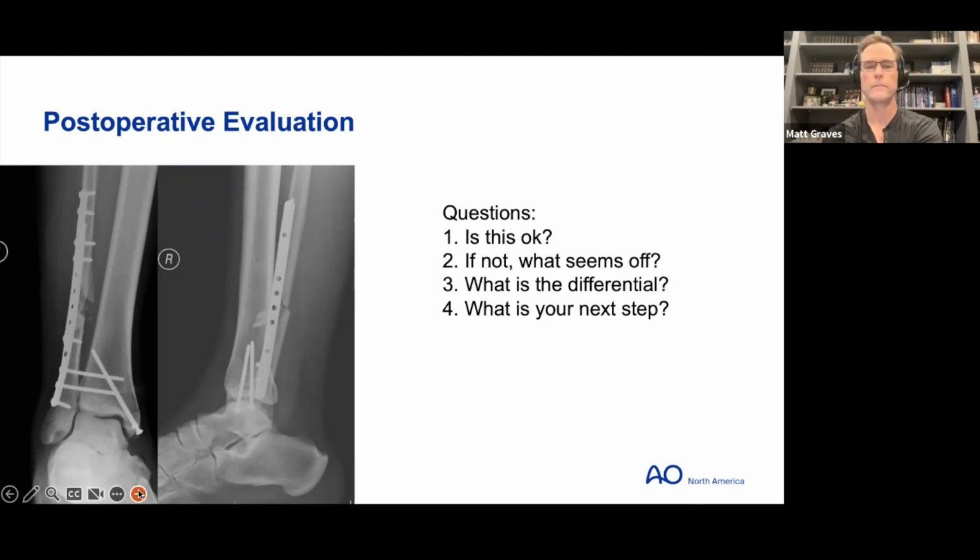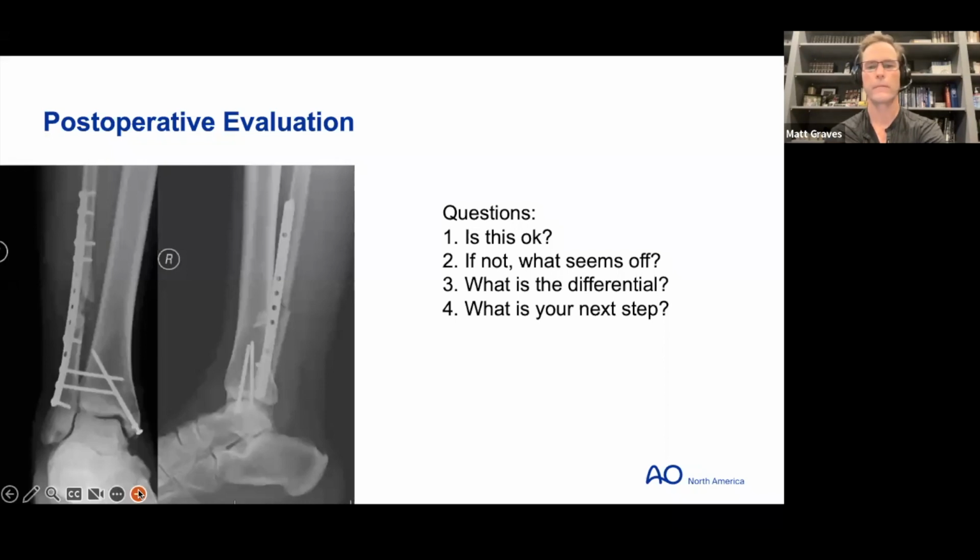Close but not perfect, right? Yep. The talus is shifted forward, which we don't see too often, but the talus will follow the fibula. So when you see that, from my standpoint, I look up the fibula to see if I've angulated the fibula or apex posterior the fibula to drive the talus forward.